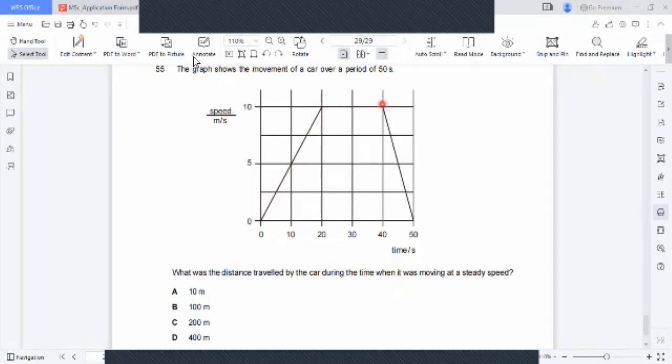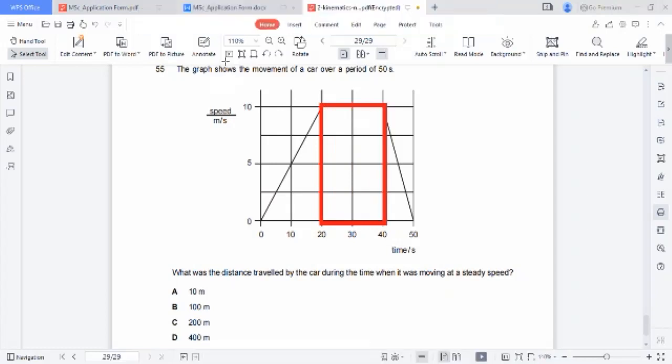During this period, the speed is fixed. During this period, the speed is decreasing. So we are going to calculate the distance under this portion. Let me mark it. This is the portion.